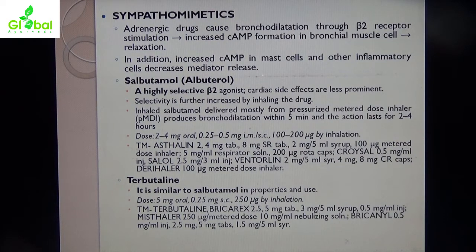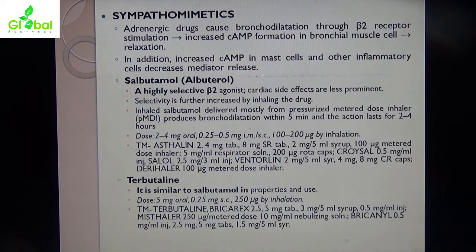These sympathomimetic drugs are generally adrenergic drugs used for bronchodilation through beta 2 receptor stimulation. This beta 2 stimulation increases cAMP formation in bronchial muscle cells, which relaxes the bronchial muscles. In addition, it increases cAMP in mast cells and other inflammatory cells, decreasing mediator release. Since beta 2 receptors on anti-inflammatory cells are more prone to desensitization, the contribution of this action to the beneficial effect of beta 2 agonists in asthma is uncertain.